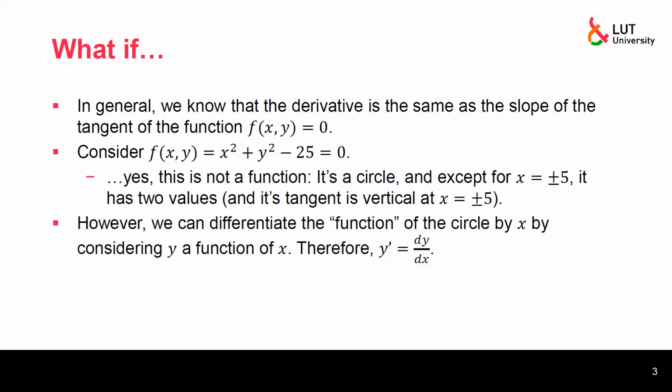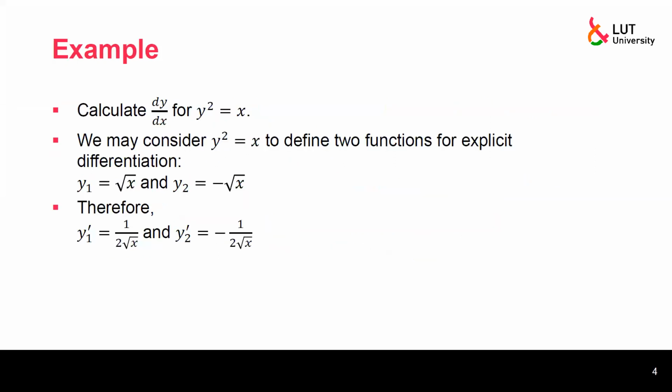It's actually two functions joined, if we want to go formally. So, for example, if we had y squared is x, now we know that there's this plus-minus thing happening as well. So we'll now split it into two.